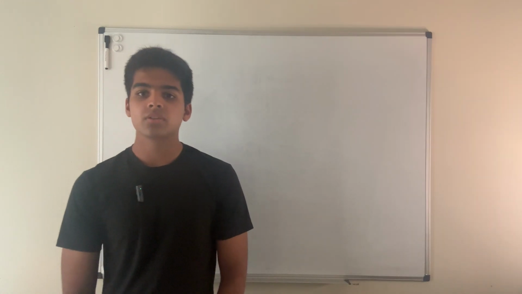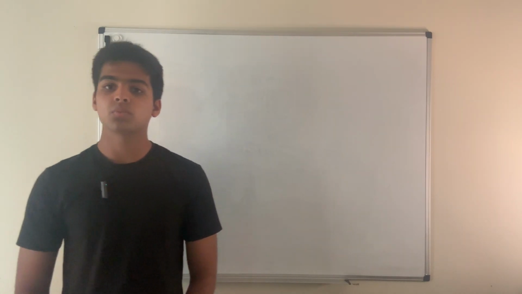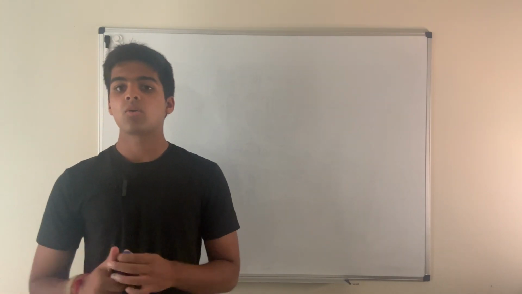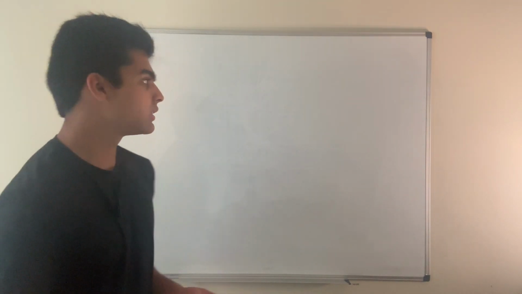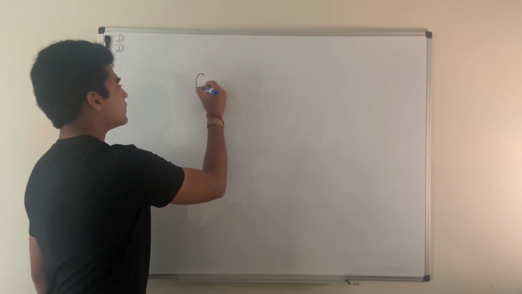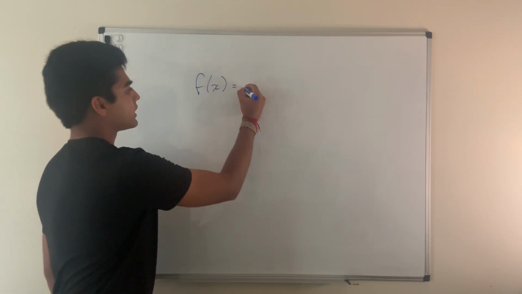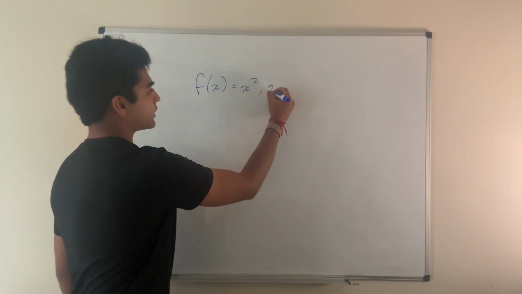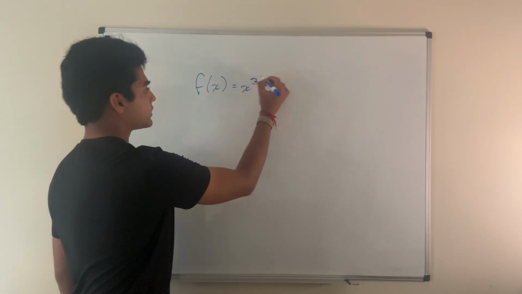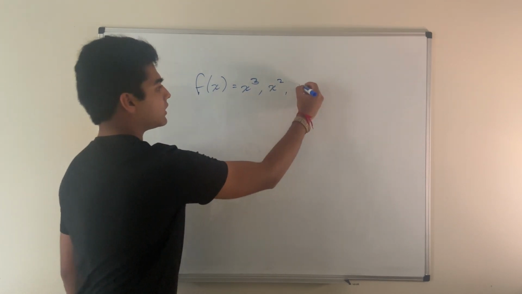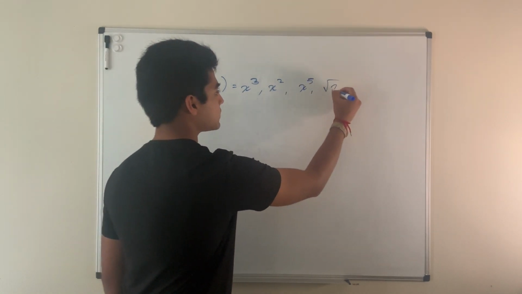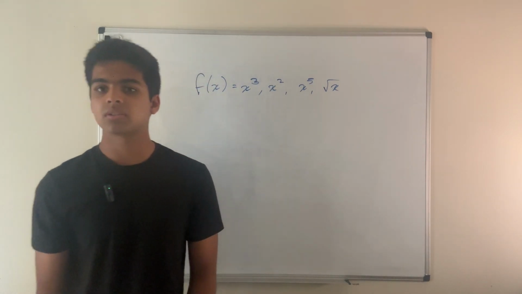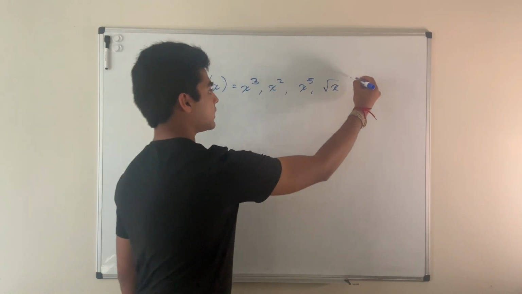Let's get started. Now, it's important to note that the power rule only works with polynomials or functions that have a degree. So basically, functions like x cubed, x squared, x to the fifth, even square root x, because square root x is basically just x to the one half, right?